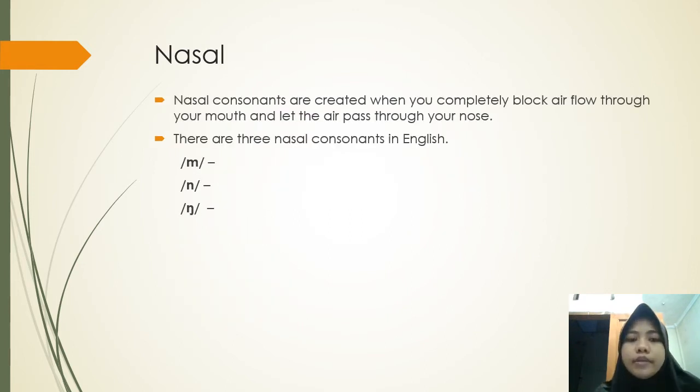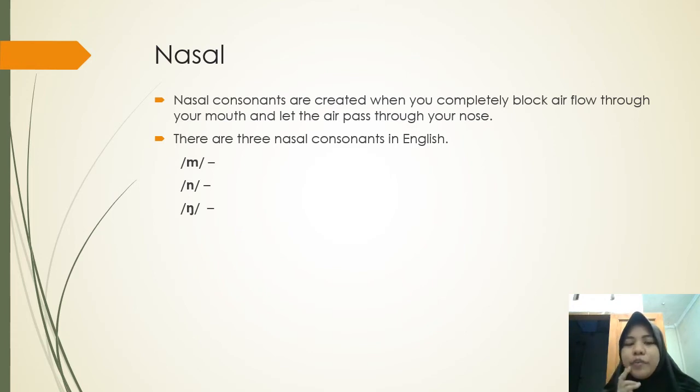Now how about nasal? Nasal consonants are created when you completely block airflow through your mouth and let the air pass through your nose. So in this nasal sound, the airflow gets out from your lungs, and then goes to the vocal tract and ends in your nostril here.